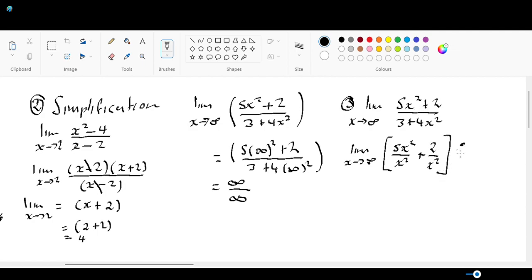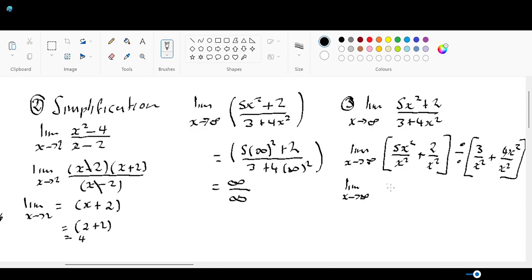Then the denominator: 3 divided by x squared, plus 4 times x squared divided by x squared. As you can see, each term there is divided by x squared because that x is the one with the highest power.